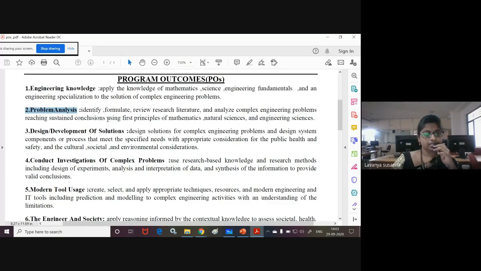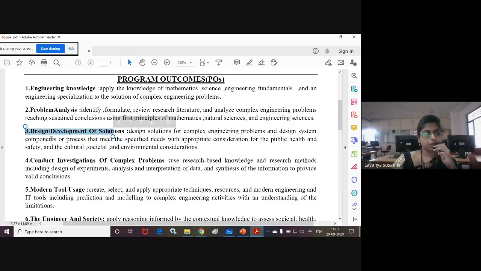That is why I have mapped CO4 to PO2. Next, CO4.